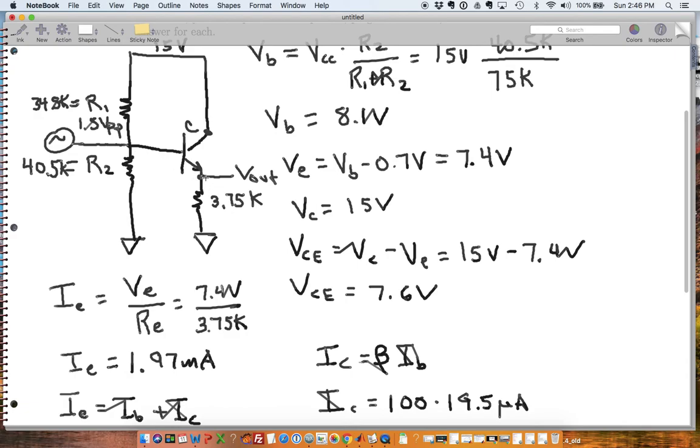So my voltage gain is just equal to 1, because my input signal is going to ride on top of 8.1 volts. My input signal is going to look like a sine wave around 8.1 volts. Over here, I'm going to have the same sine wave, but now it's at 7.6 volts. I haven't lost any of the 1.5 volts input signal, so I have a gain of 1.